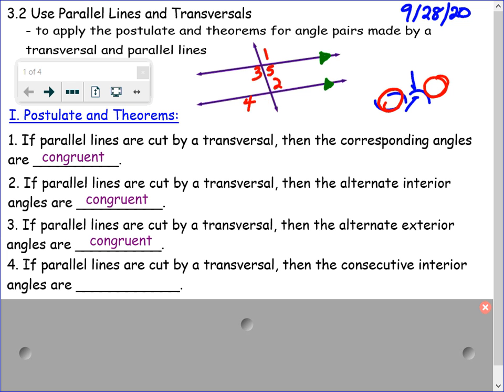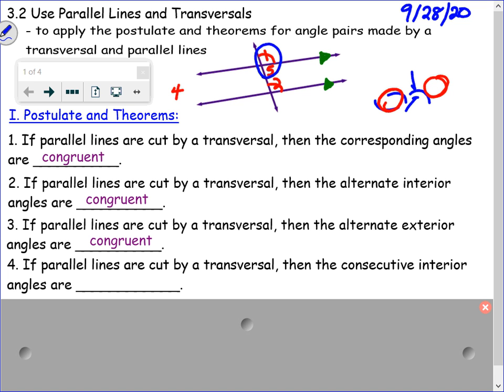And I'm going to move 3 and 4 out of the way so they don't cause, oh, sorry. Apparently 1 and 3 are attached. So we know that angle 1 is congruent to angle 2 because they're corresponding angles. We know that angle 1 and 5 are a linear pair, so they add up to 180.